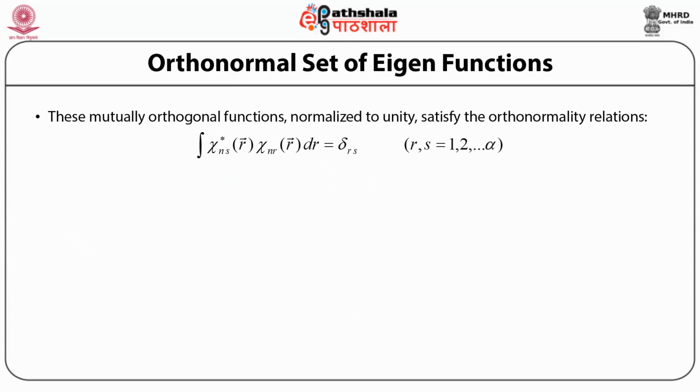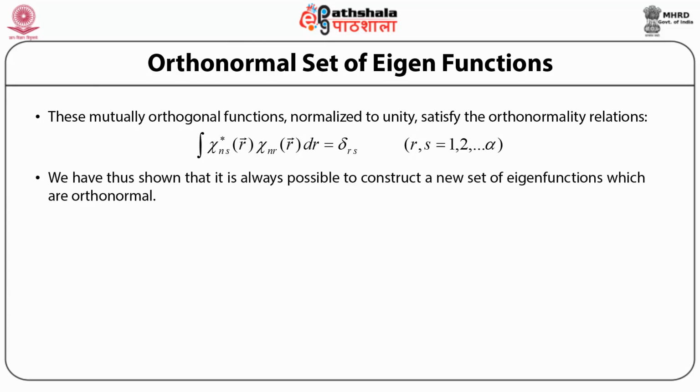These mutually orthogonal functions normalized to unity satisfy the orthonormality relation, which is integral of chi ns star of r into chi nr of r dr is equal to delta rs, where r, s take up the values 1, 2 and so on till alpha.